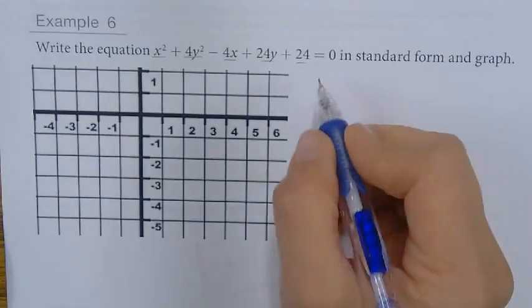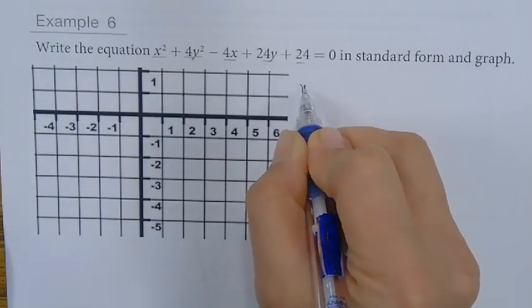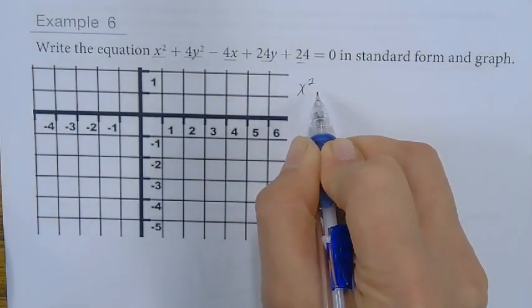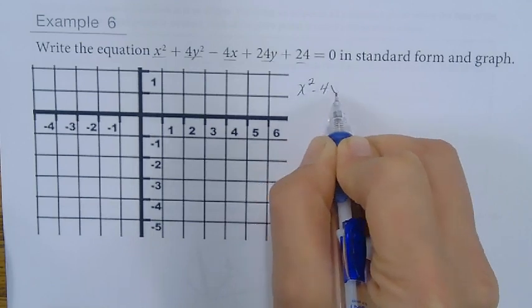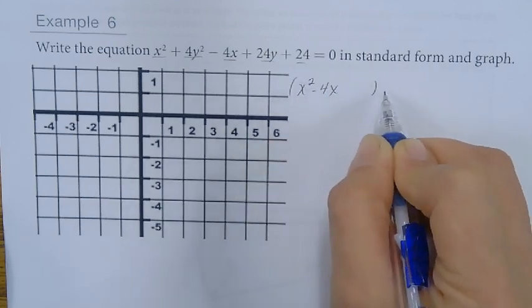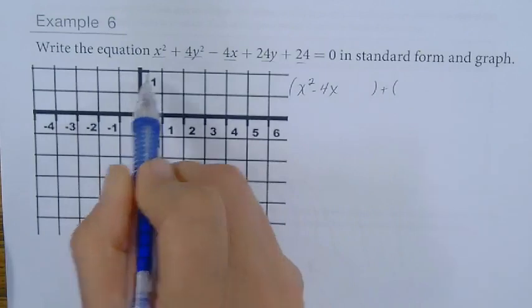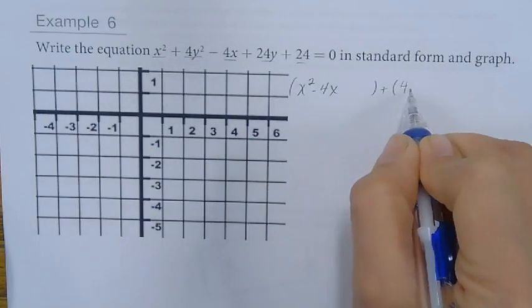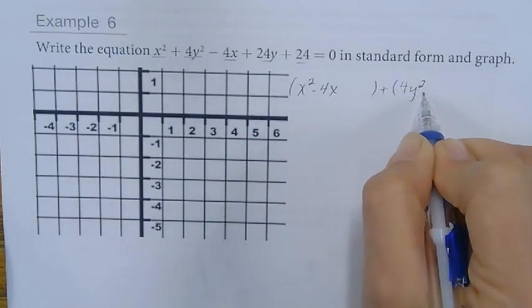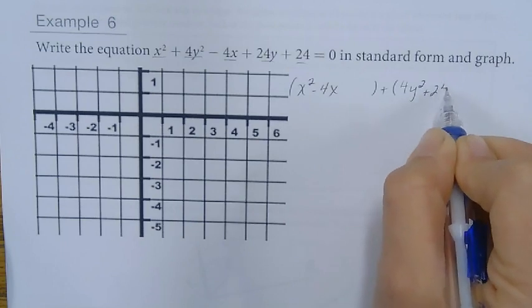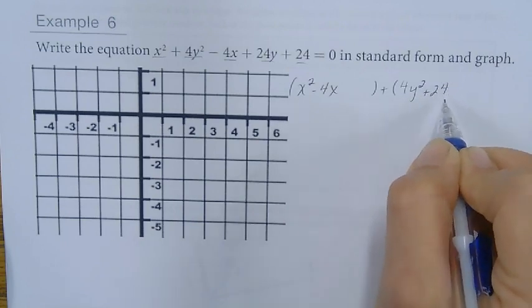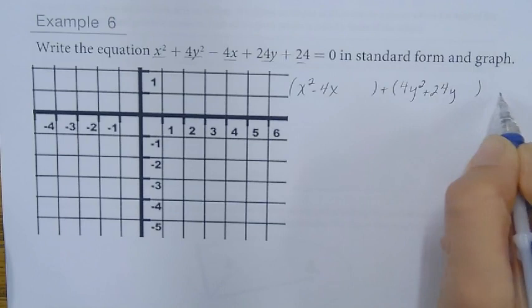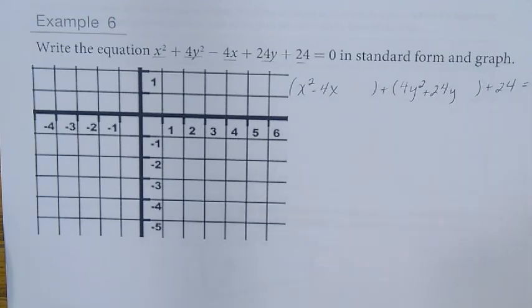So the first thing I'm going to do is rewrite this as x squared minus 4x plus 4y squared plus 24y plus 24 equals 0.